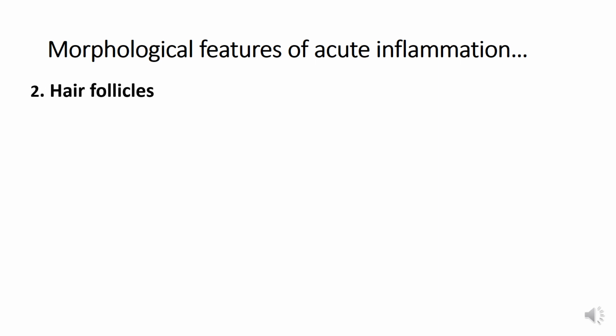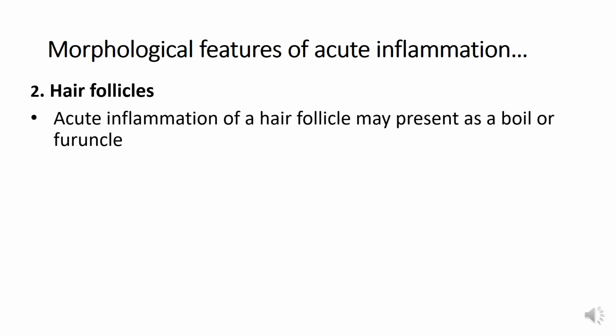Hair follicles. Now, when hair follicles are inflamed, they may present with a boil or a furuncle. A very good example of a furuncle is on the beards. Young men or men who shave their hair, particularly the African hair, the Negroid hair, which is very highly coiled up.